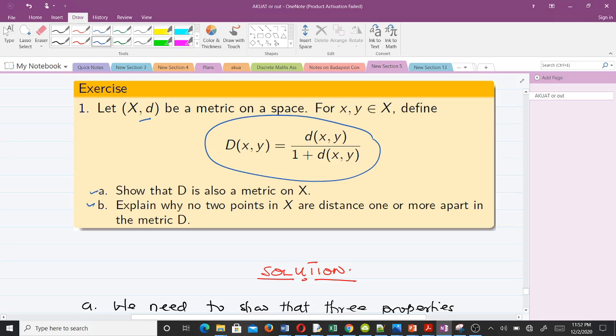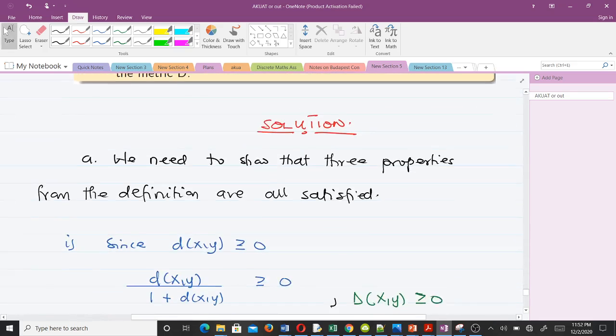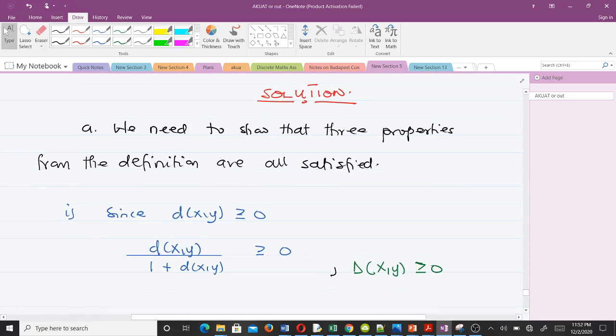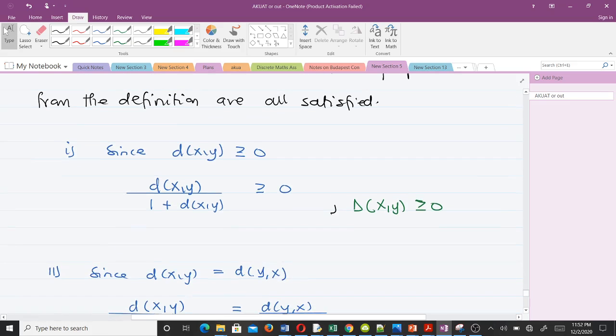Before we can show that D is also a metric, that means we have to show that the three conditions are met. Alright? So when we're defining the metric space, we had 3 conditions. We have to check for each of them and make sure they are satisfied. You could see that we said the distance between x and y is always greater than or equal to 0.